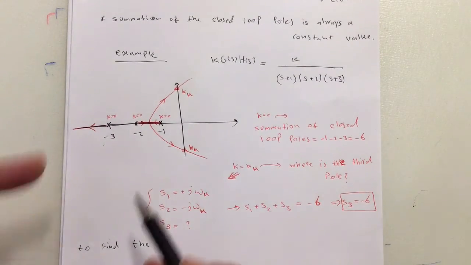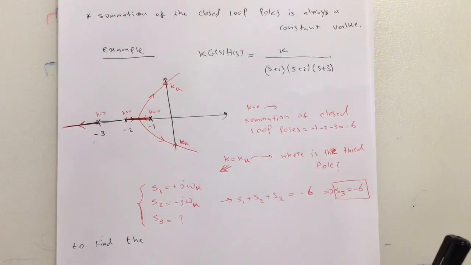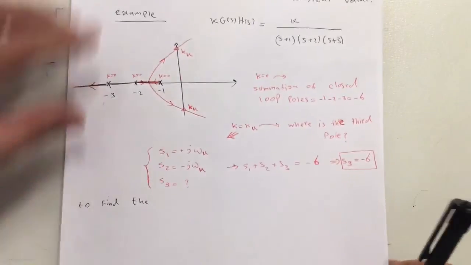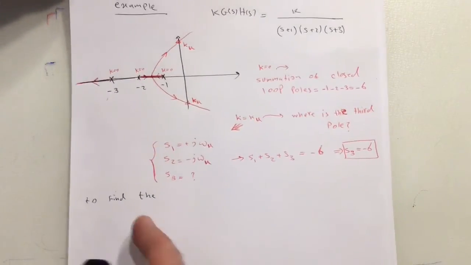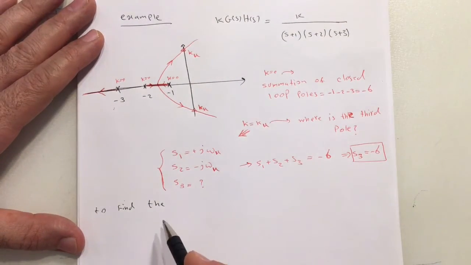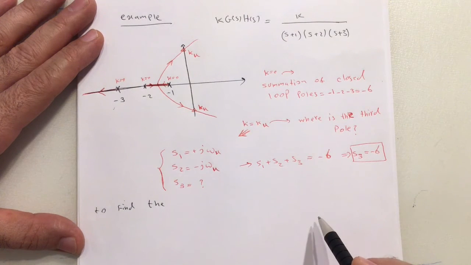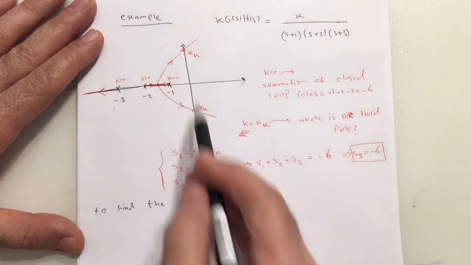The part where I wanted to show you how to use the extra rule is finished here, but to continue this example, and maybe this last part is also useful for you, I will find omega u and ku for you. But as I said, it is not related to this extra rule. The application of the extra rule was to find the third pole when two poles are on the j omega axis.